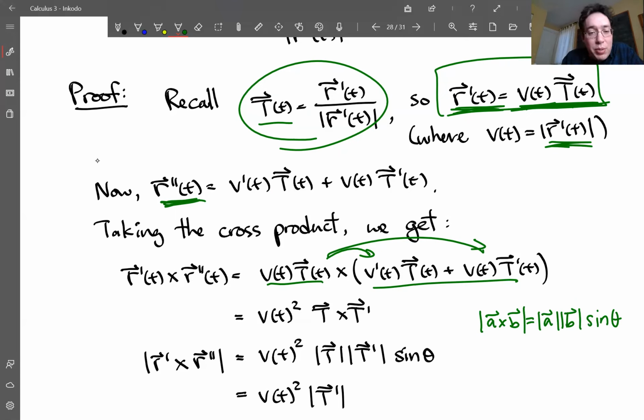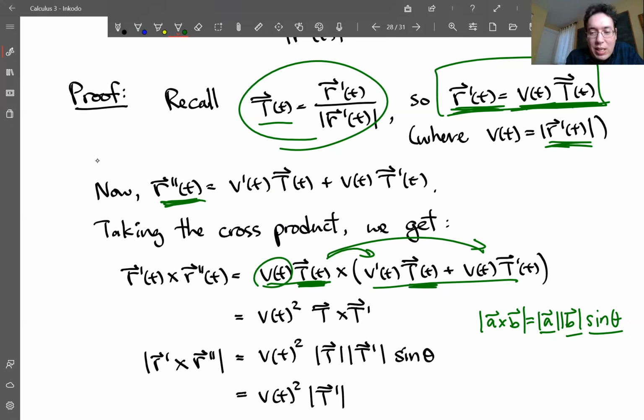So the magnitude of the cross product is the same thing as the magnitude of the two vectors involved times the sine of the angle in between. But if you look at the first term here, the directional vector, you're cross producting a vector with itself, right?